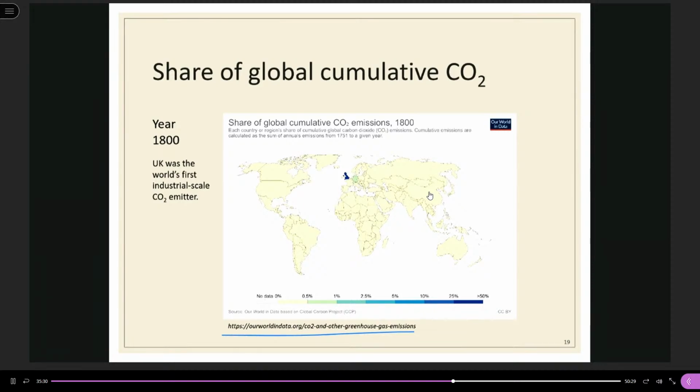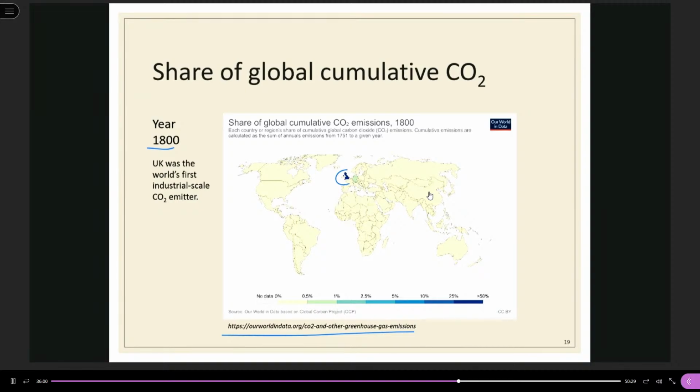In the year 1800, the UK was the first industrial scale carbon dioxide emitter. The UK was the origin of the Industrial Revolution, and many great machines were invented in the UK.